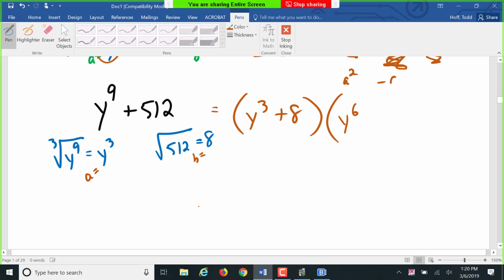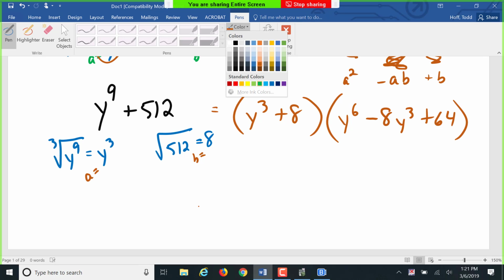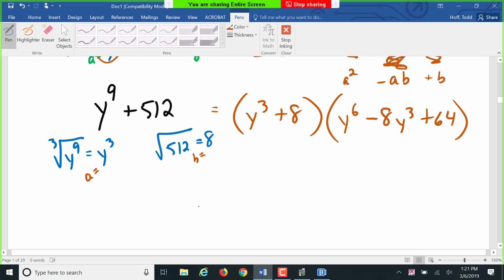Now it'll be minus a times b. What's that piece going to look like? Minus 8y to the third, good. And then, of course, plus b squared, which is going to be plus 64. I wasn't very nice here. Can anybody tell me why I wasn't very nice?